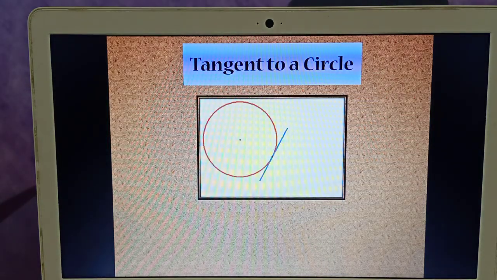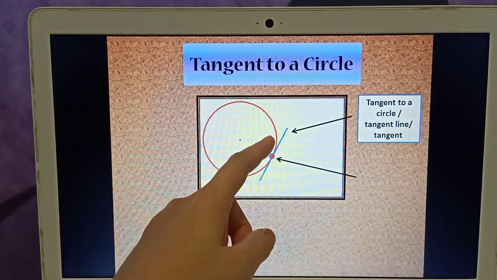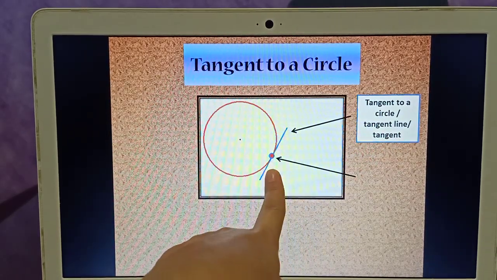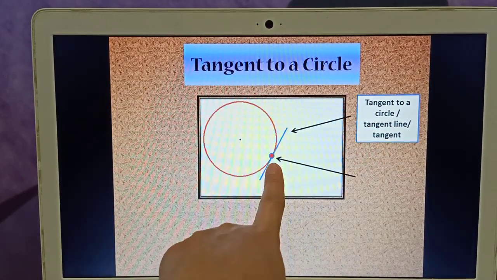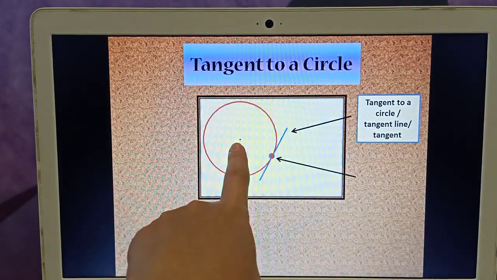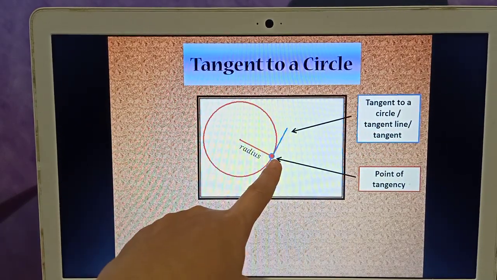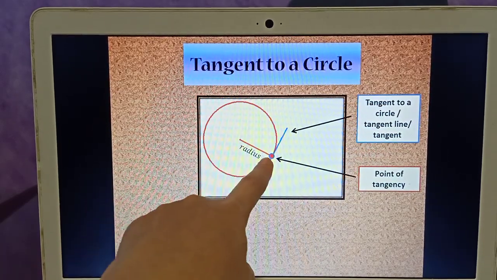Tangent to a circle. Okay, this is what we learned before. Now I want you to notice, whenever you have a circle and there is a straight line that touches the circle at only a point, and then there is a straight line drawn from the center to the point of tangency, this line we call radius.